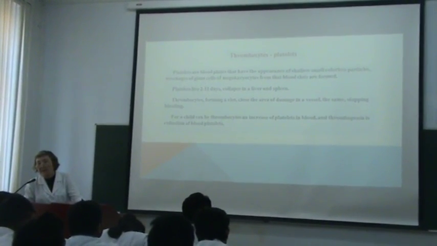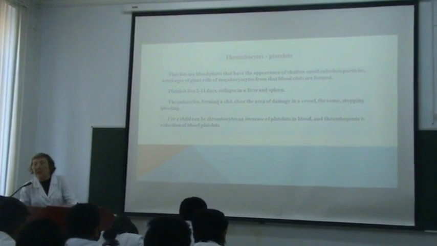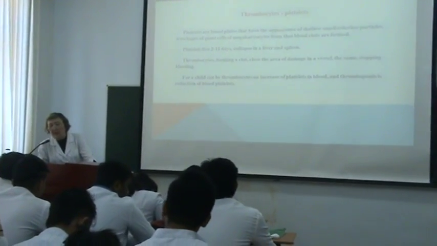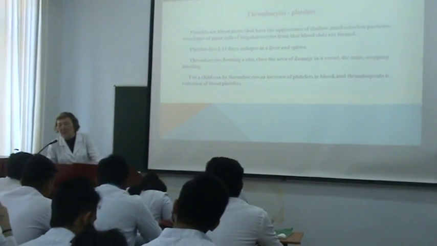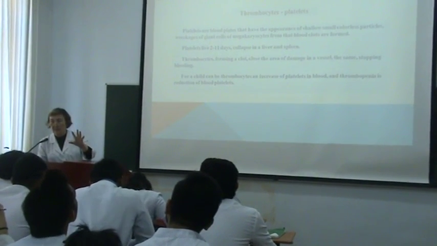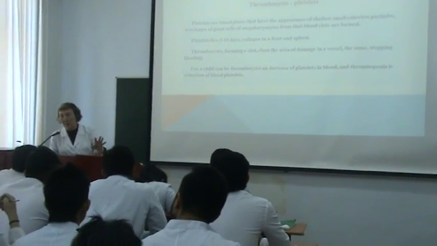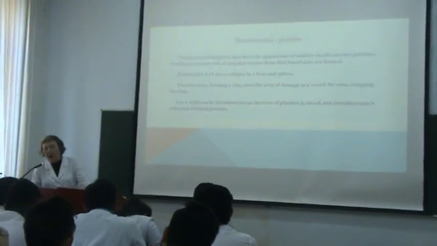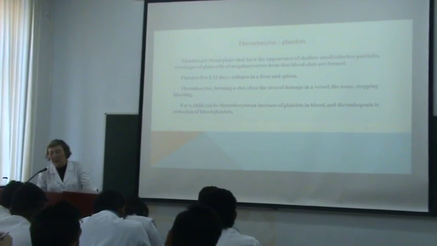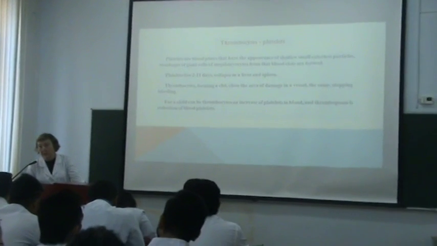Platelets live 2 to 11 days and collapse in the liver and spleen. Thrombocytes forming a clot at the area of damage in the vessels stop bleeding. If you have damage of vessels, the thrombocytes can stop bleeding. For a child there can be thrombocytosis, an increase of platelets in blood, and thrombopenia, a reduction of blood platelets.